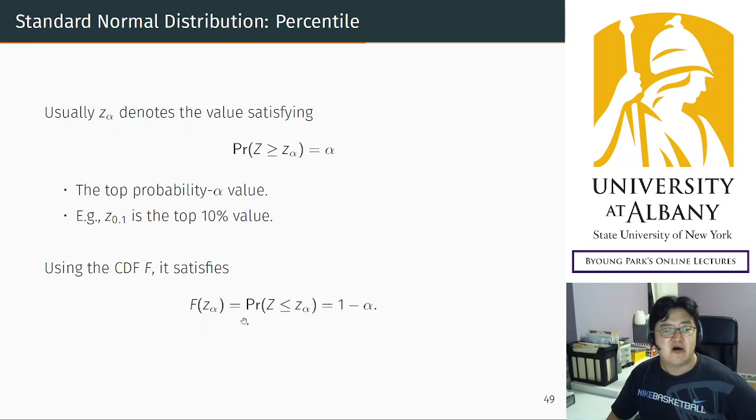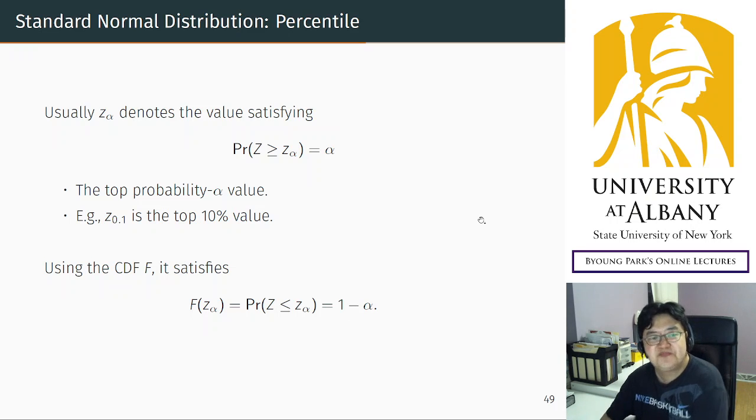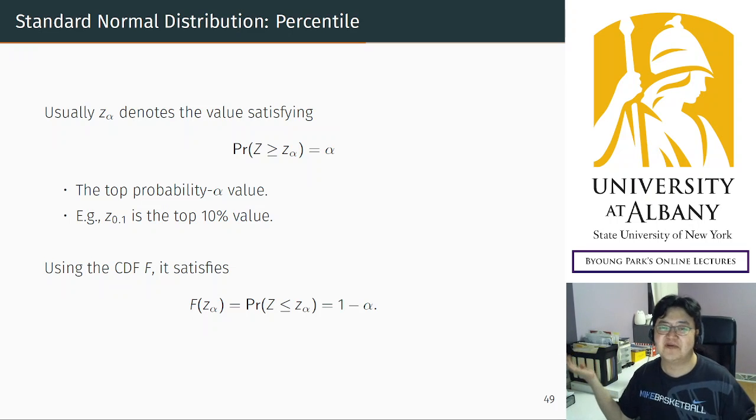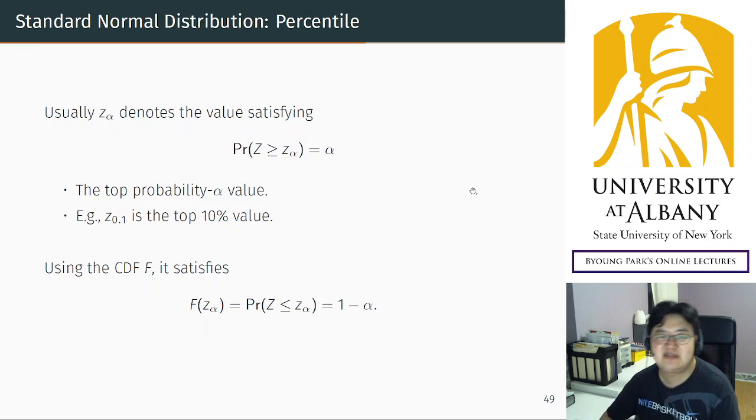So if you use the CDF, the cumulative probability or the percentile, you have to interpret this as probability smaller than z alpha equals 1 minus alpha, not alpha. So it's confusing and annoying, but I don't have the power to fix it. There are just two different traditions for the same thing. This is standard notation in statistics, so let's use this.